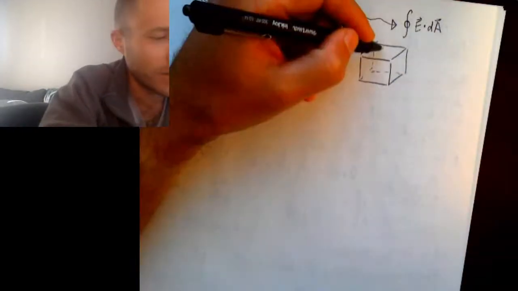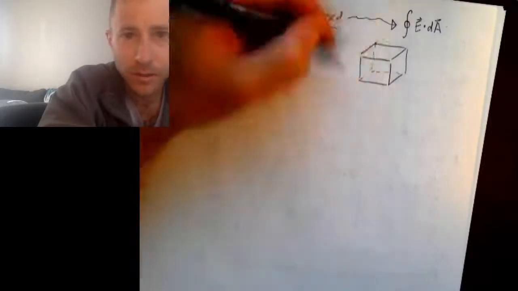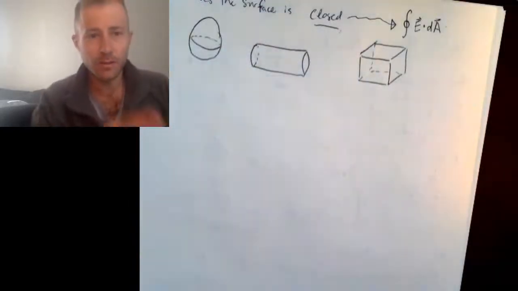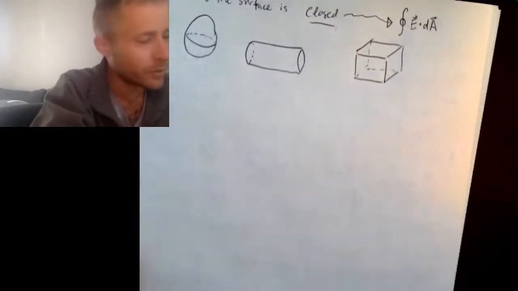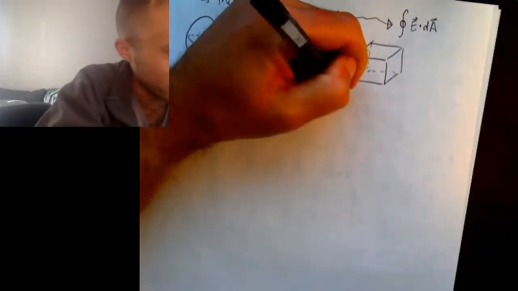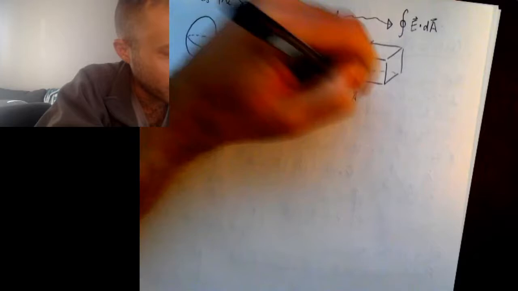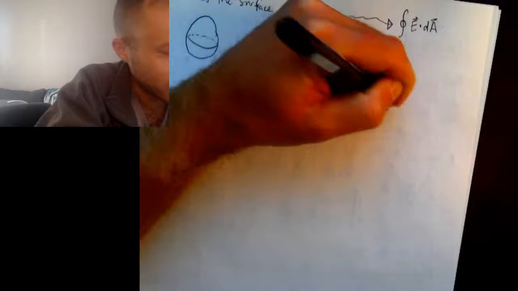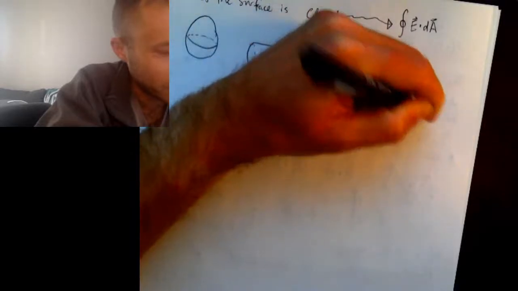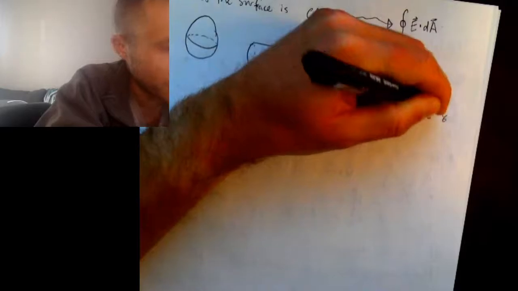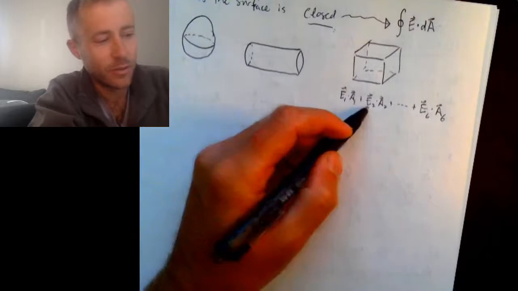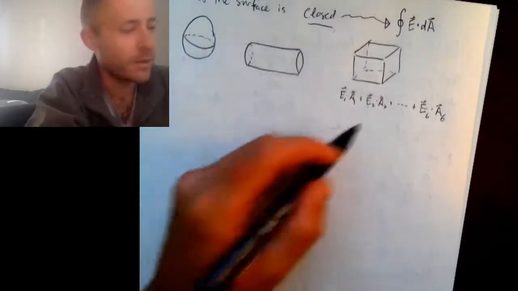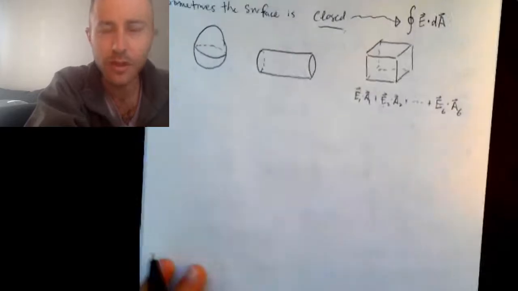Well, a cube has 6 faces. So in this case, it would be just E1 dot A1 plus E2 dot A2 plus dot dot dot all the way to E6 dot A6, where E1 is the electric field on the first face, E2 is the electric field on the second face, E3 is the electric field on the third face, and so on and so forth.